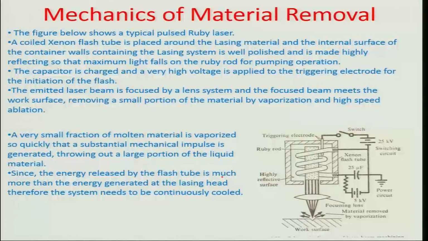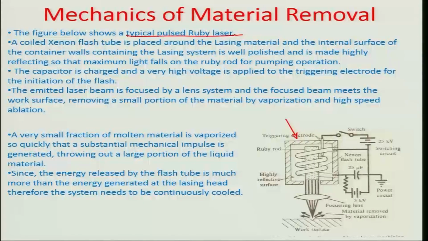Let us look at how a lasing system is schematically represented. You have this solid laser here, a ruby rod, which is a crystal medium producing the population inversion. So it's a pulsed ruby laser system that is represented here. There is a coil of xenon flash tube, which is the principal radiation source that hits the ruby crystal so that it inverts across its whole population.